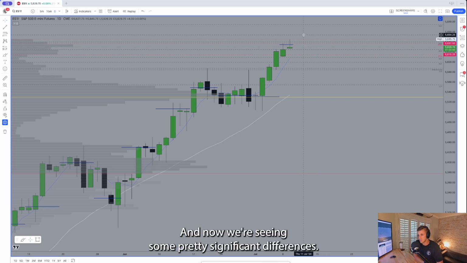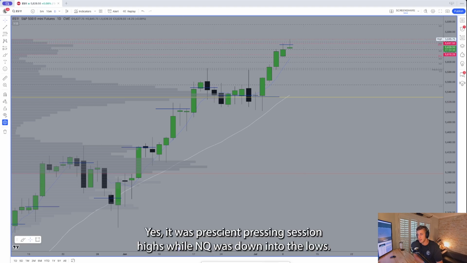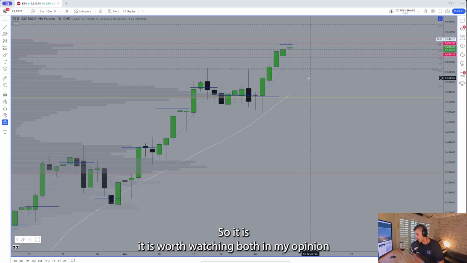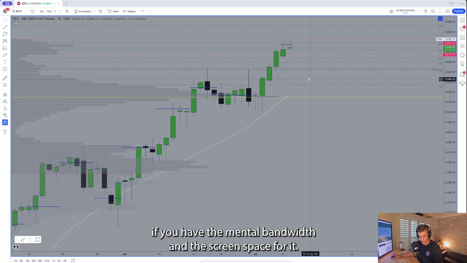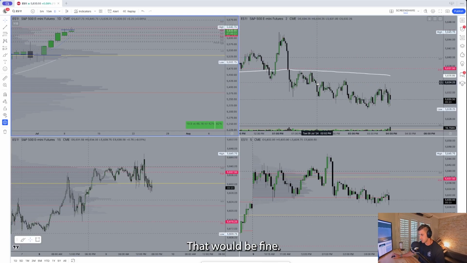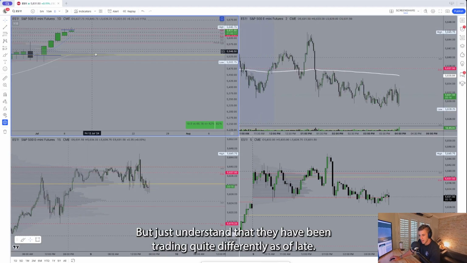And now we're seeing some pretty significant differences. Like, for example, today ES was pressing session highs while NQ was down into the lows. So it is worth watching both, in my opinion, if you have the mental bandwidth and the screen space for it. If not, pick one or the other. That would be fine. But just understand that they have been trading quite differently as of late.